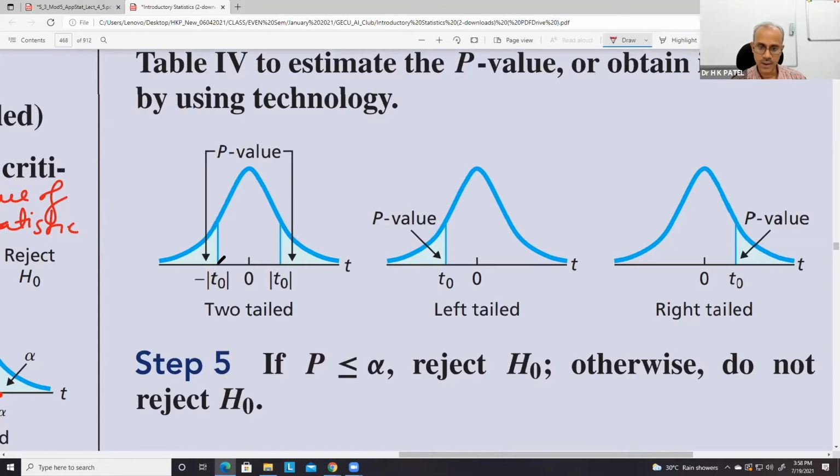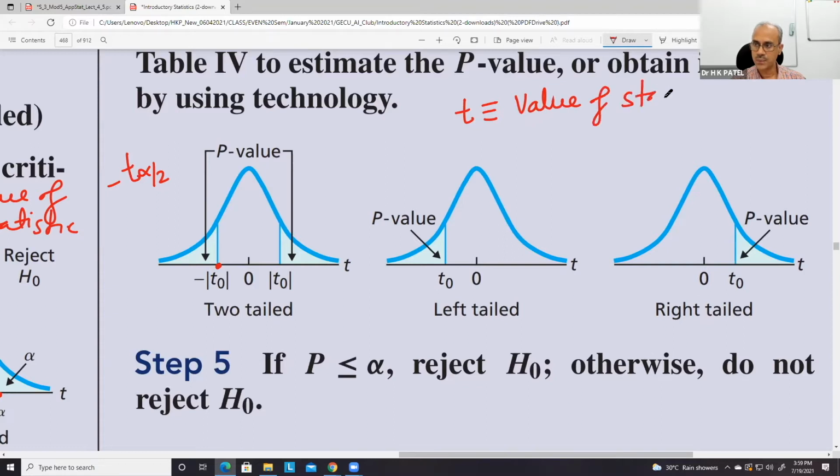In case of critical value, the point was minus T alpha by 2, but here it is T0 or T. Okay, this T is actually the value of statistic, which is obtained with the help of the given or drawn sample.